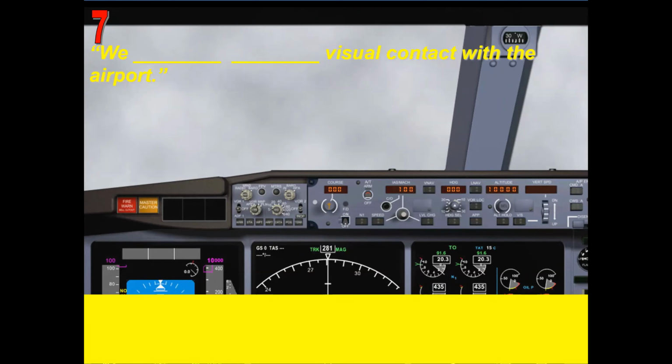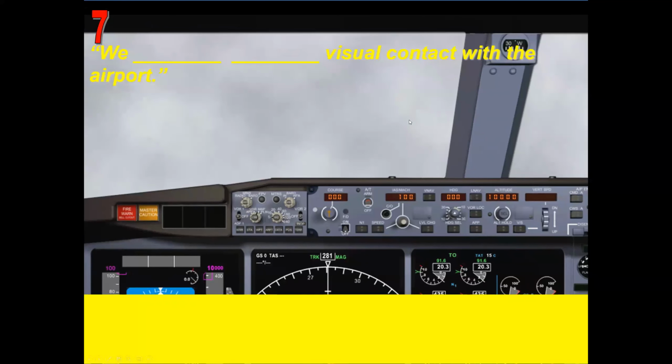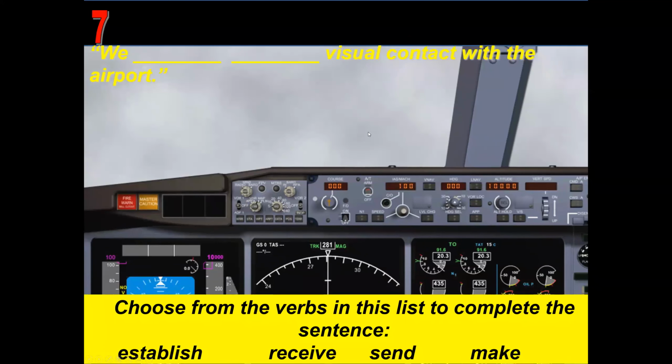All right, Jose, we blank visual contact with the airport. We haven't sent visual contact with the airport. That's probably the only one that's not right. You could say we haven't established, we haven't received, we haven't established visual contact with the airport.